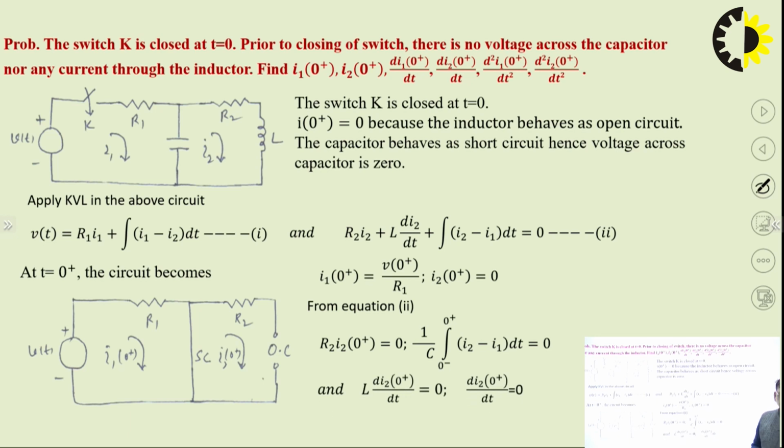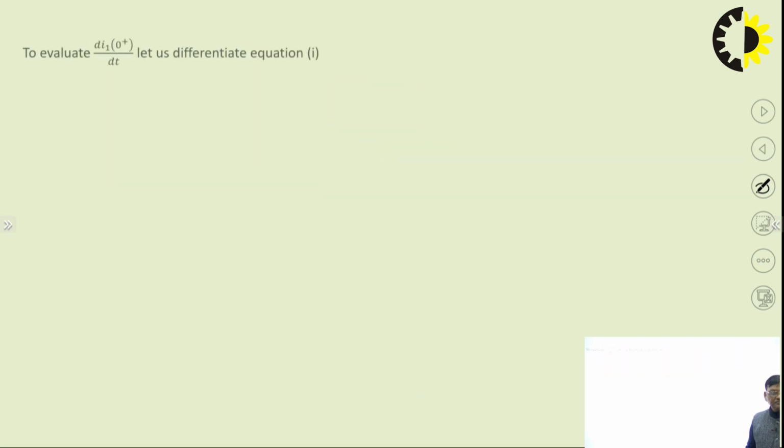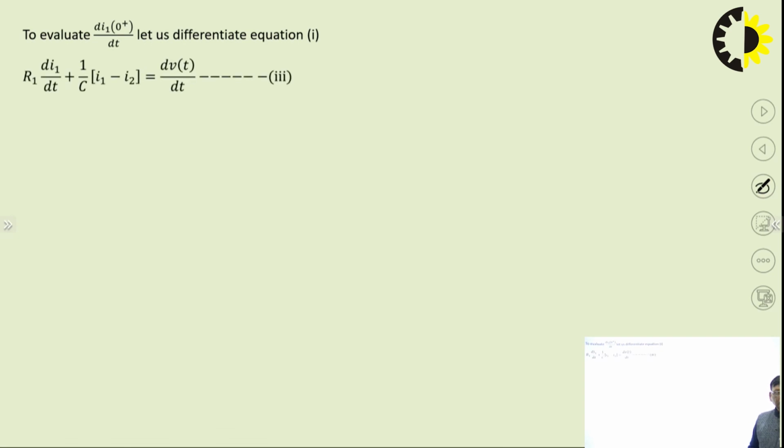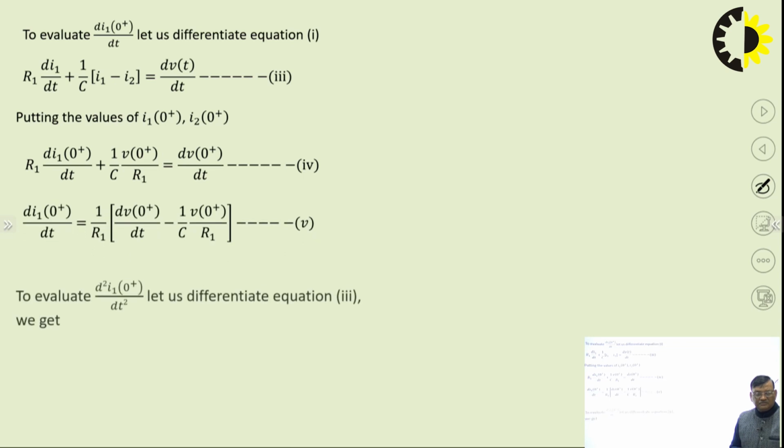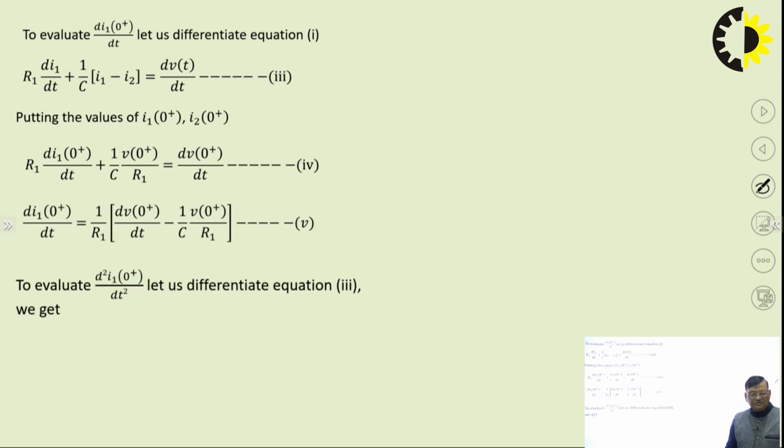And from the second equation we can get di2(0+)/dt, that is 0. So, to evaluate di1(0+)/dt, let us differentiate the first equation. We get this, and putting all these values we can get di1(0+)/dt.